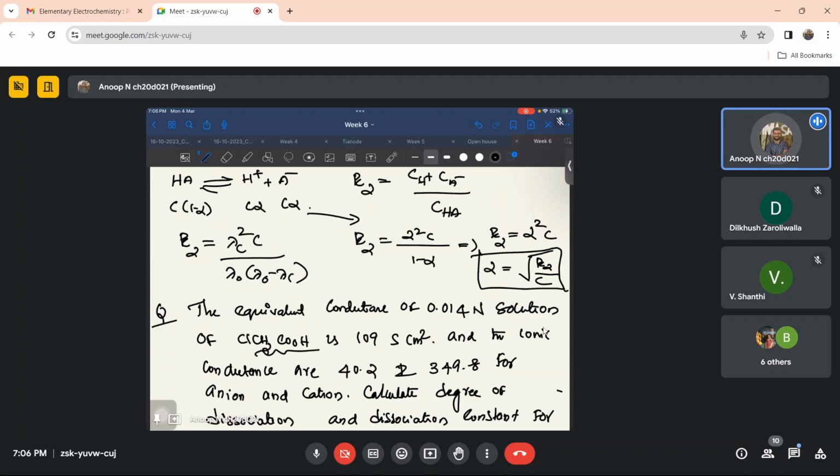I'll write here ClCH2COOH. So the equivalent conductance of 0.014 normal solution of ClCH2COOH is 109 Siemens centimeter square, and the ionic conductances are 40.2 and 349.8 for anion and cation. Calculate the degree of dissociation and dissociation constant for ClCH2COOH.